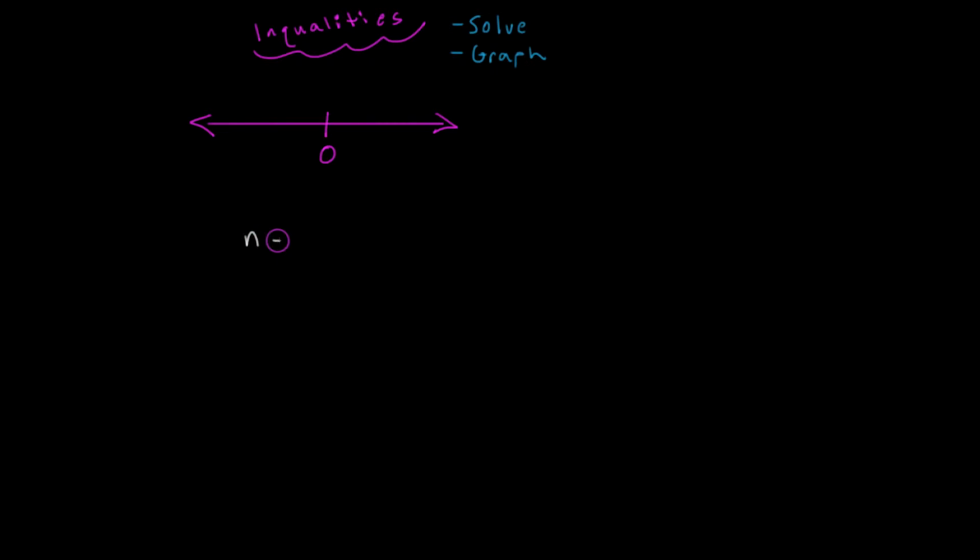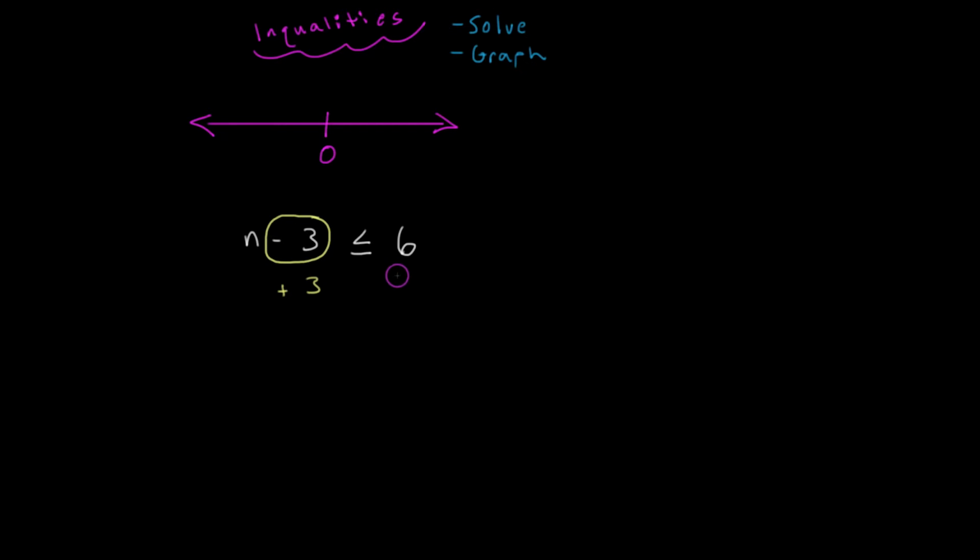This time we have n minus 3 is less than or equal to 6. Alright, so in order to isolate n, I can see that n is being subtracted by 3. I want to circle 3, the term 3, and the operation to the left of it. So now I'm going to undo subtraction of 3, and the way I do that is by adding 3.